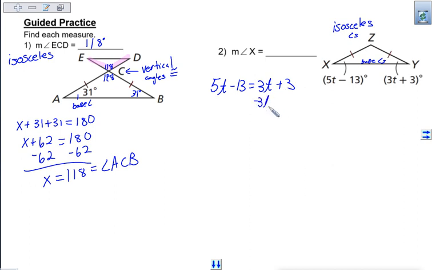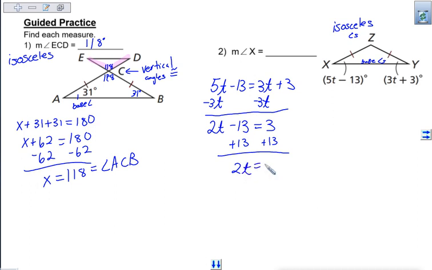Subtract 3t from both sides. Gives us 2t minus 13 equals 3. Add 13 to both sides. 2t equals 16. Divide by 2 on both sides. That gives us t equals 8.